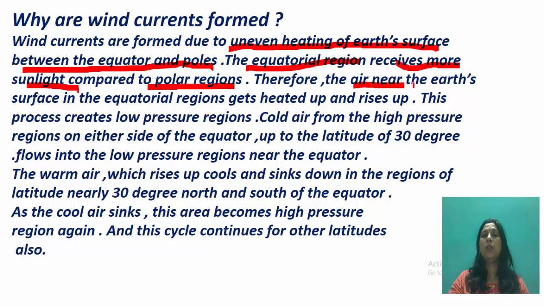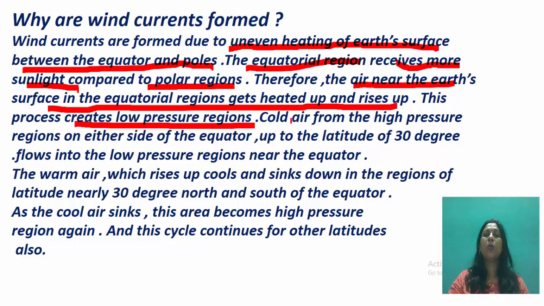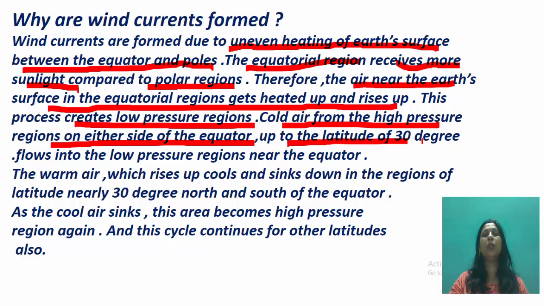Therefore, the air near the Earth's surface in the equatorial regions gets heated up and rises up. This process creates low pressure regions. Now cold air from the high pressure regions on either side of the equator up to the latitude of 30 degree flows into the low pressure regions near the equator.